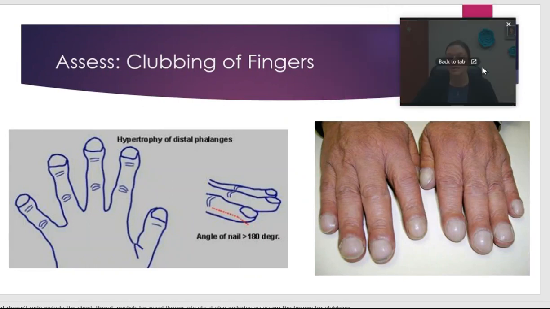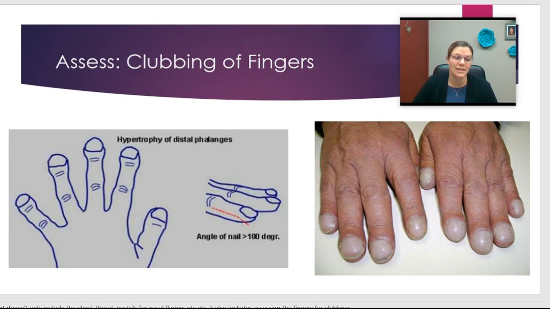The assessment for the respiratory system doesn't just include assessing lungs and chest, it also includes looking at fingers. And you see here in this photo clubbing, which can indicate a fibrotic lung disease, congenital heart disease with cyanosis, COPD very often, sometimes emphysema and chronic bronchitis.